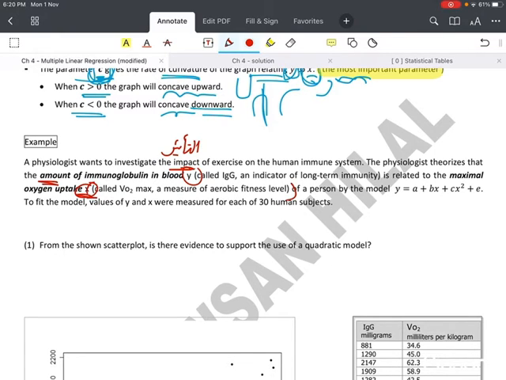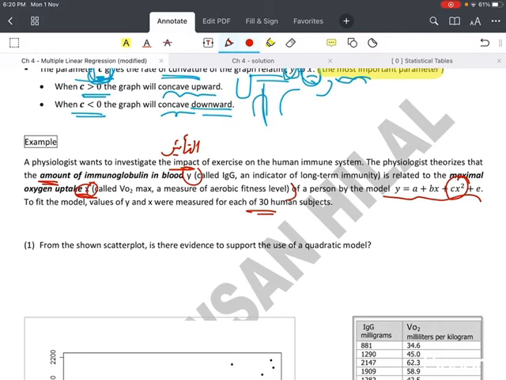By the model they give me, there will be a quadratic term, so it will be a quadratic model. To fit the model, values of Y and X were measured for each of 30 human subjects.